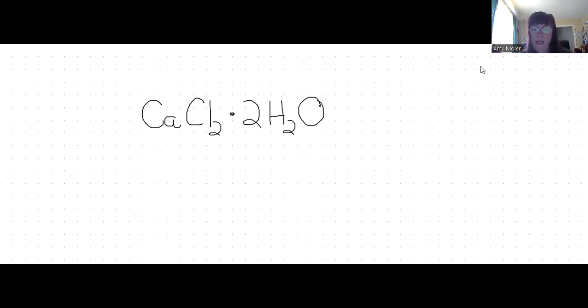So when I name this, name the first part in the beginning without paying attention to the waters. So I am going to have calcium, because I have a single atom of calcium there at the beginning. I have 2 chlorines attached to it, so this then becomes chloride.